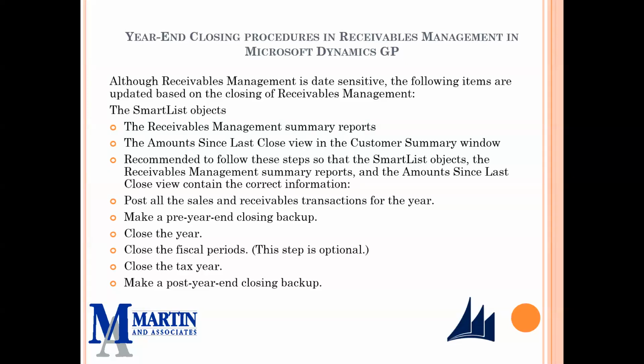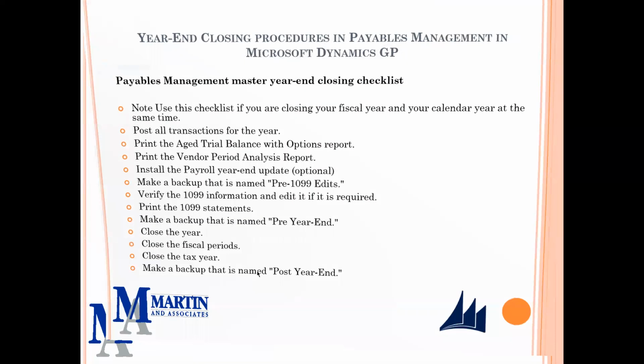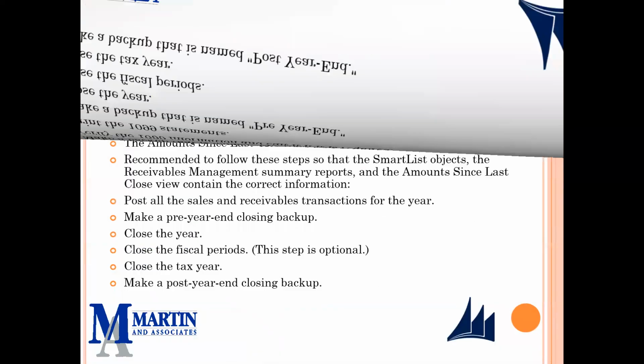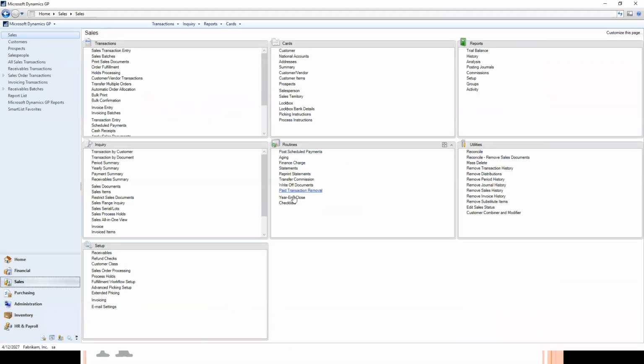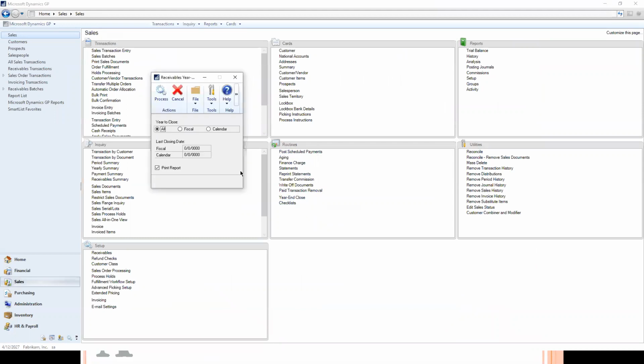So we'll keep talking about receivables real quick. Whenever you close the year, we will jump back into GP here, and we'll go to sales and routines. We'll see a year-end close under routines.